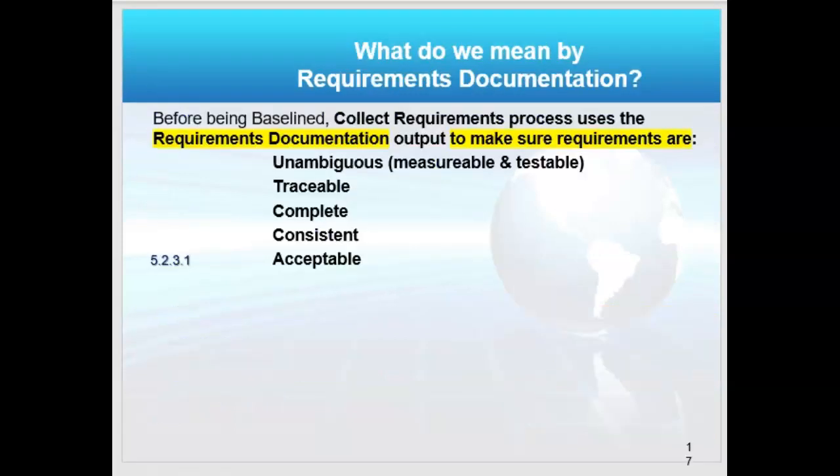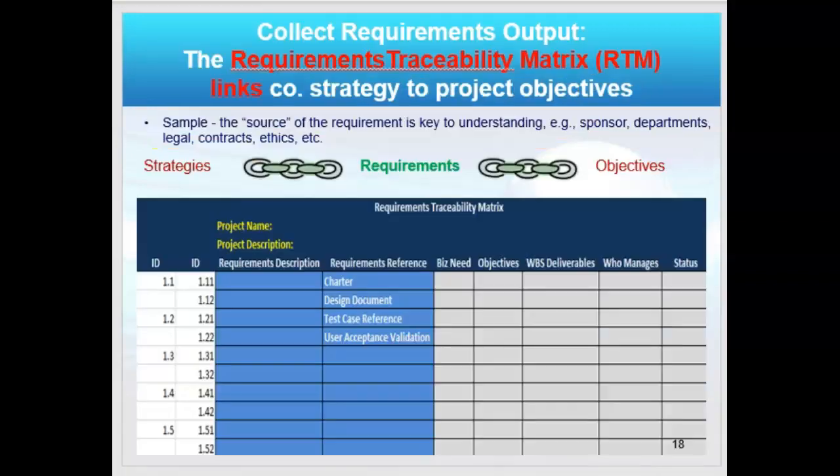And I just wanted to share this very, very important definition. So before being baselined, we collect the requirements. The requirements documentation is defined to make sure that the requirements are unambiguous, traceable, complete, consistent, and acceptable. That will be on the exam. This is what a requirements traceability matrix would look like.